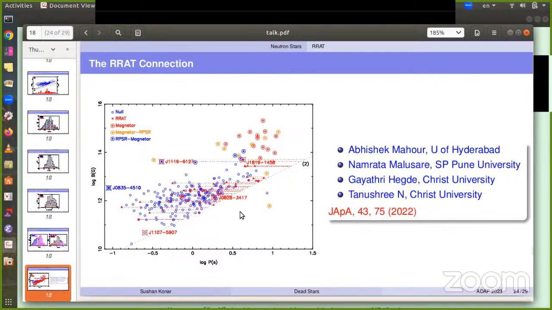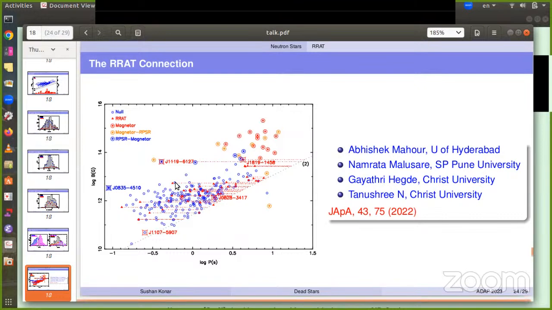So there is a suggestion that the magnetars evolve into RRATs. Now, if I look at the possible trajectories of RRATs and possible trajectories of the magnetars, I do not see them crossing. Okay, so these RRATs do not behave like magnetars.